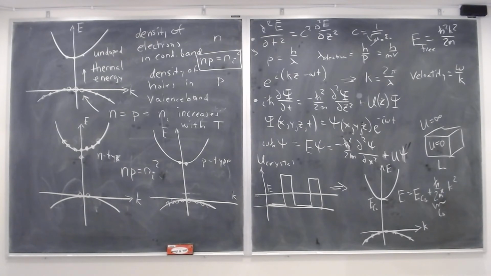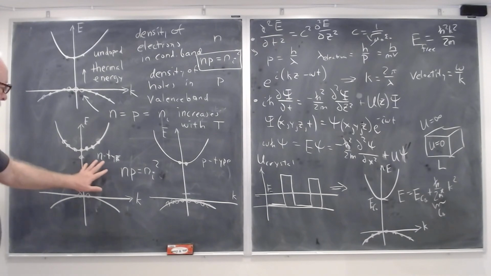Now, it's perhaps a little bit non-intuitive that this would be true from the pure case. The pure case indicates that with room temperature thermal energy, I get some electrons in the conduction band and some holes in the valence band.